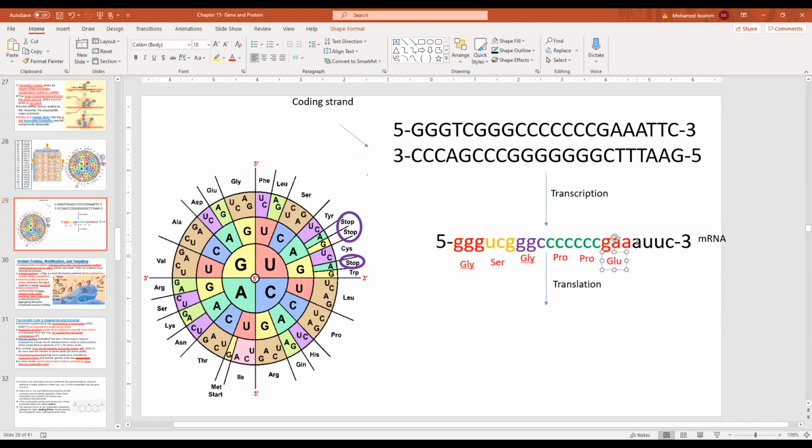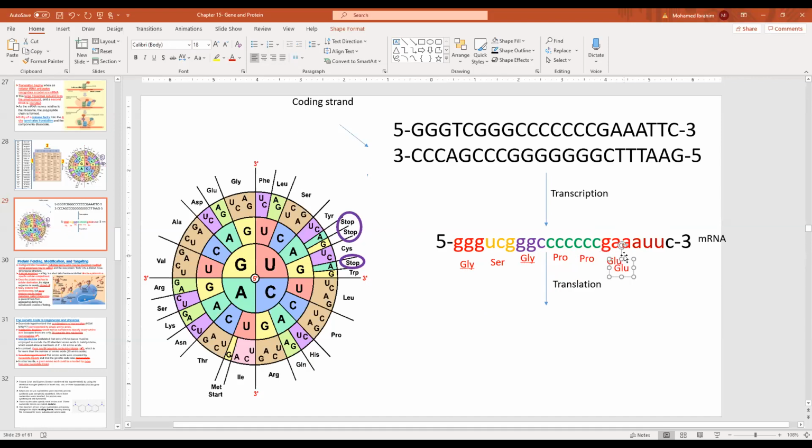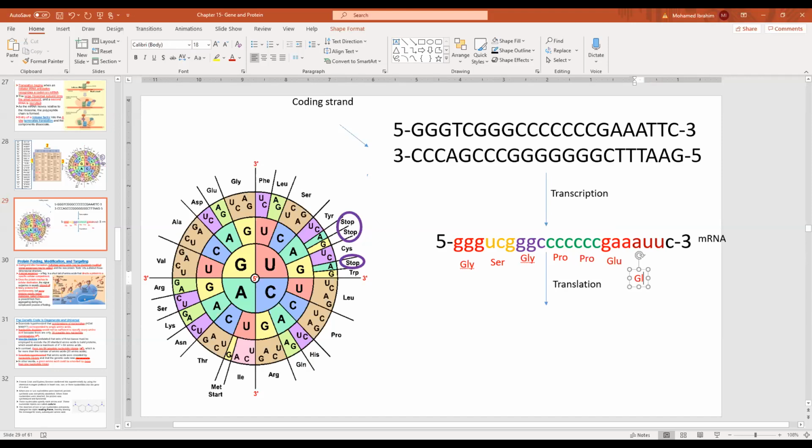And then AUU. It's ILE, isoleucine. The first letter is a capital letter. So it is isoleucine. Great. So now you know the idea.